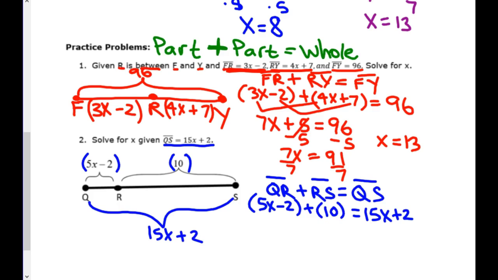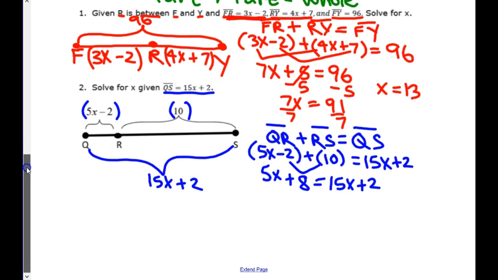Just like the last one, we're going to combine like terms. You'll notice there's no x's to combine, but there are constants. Negative 2 plus 10 is a positive 8. So I break down 5x plus 8 equals 15x plus 2. Okay, x is on both sides, so we get rid of the smaller x, like we did up top in the middle section.